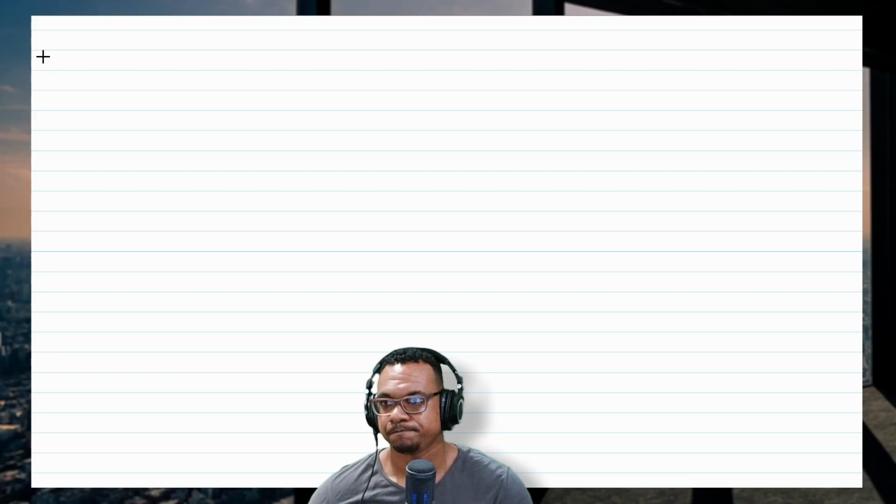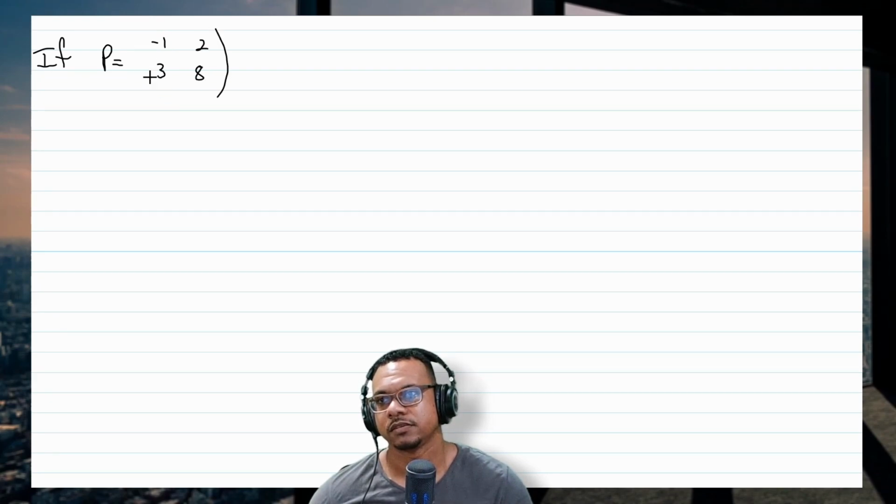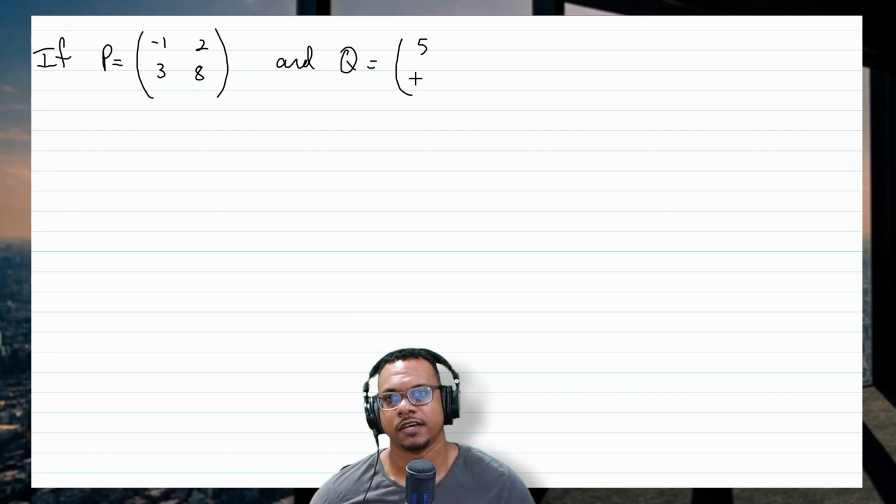So I'm going to say if p is equal to -1, 3, 2, 8, and q is equal to 5, 10, -3, 0.